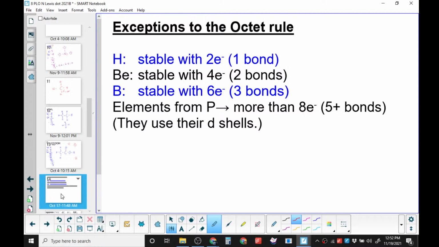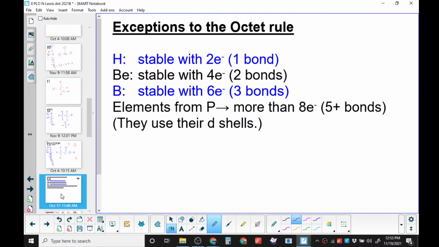So it can use those spots if it needs to create more bonds. So if an element comes along with a lot of electrons and is looking really attractive, phosphorus can say, come on in. I have room for lots of people. And just fill up with more than 4 bonds.